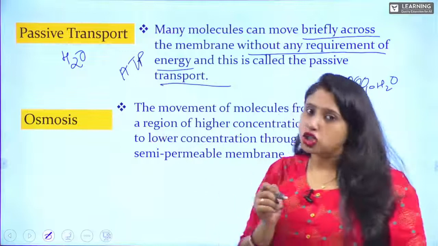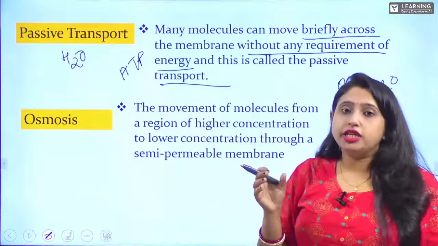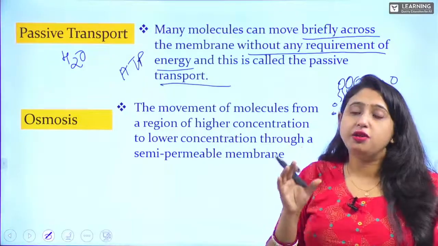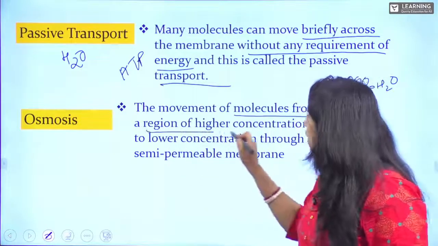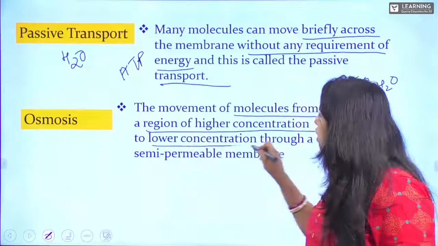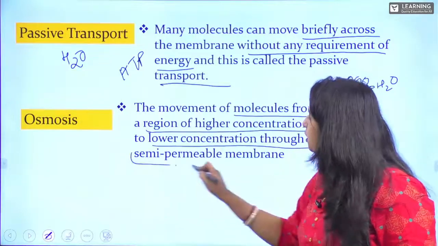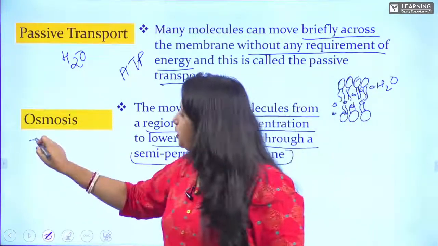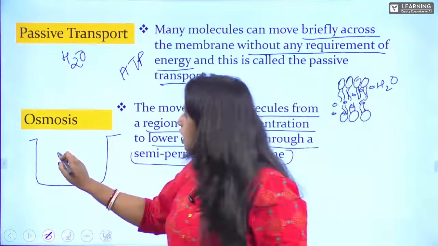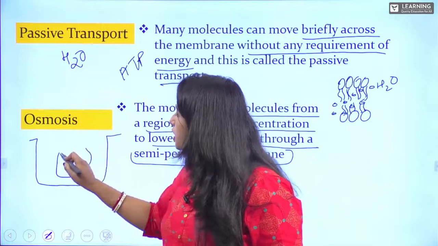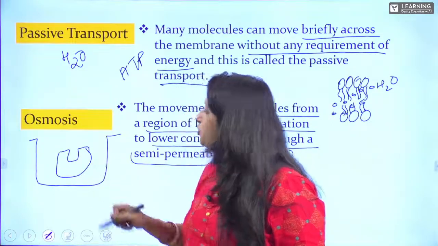Next is osmosis. Some molecules pass through a semi-permeable membrane, that is, the movement of molecules from a region of higher concentration to lower concentration through a semi-permeable membrane. For example, you have done an experiment in your lower classes. You take one potato and make a cavity inside it.